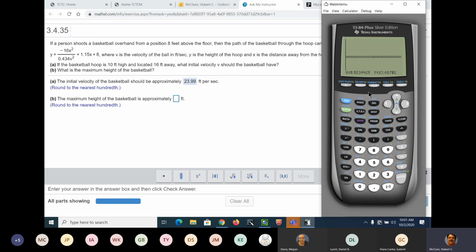I'm going to zoom in one more time. Looks like a straight line to me. But when you hit trace, you see that something's not right. I don't think something's right, y'all. I'm going to have to figure this out.